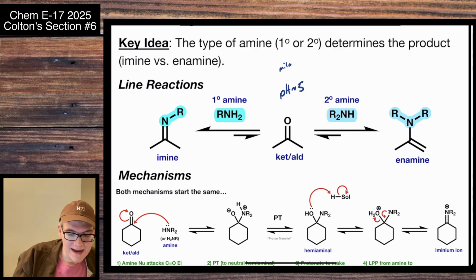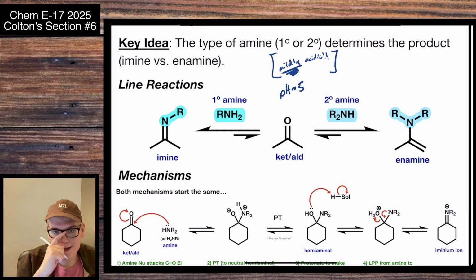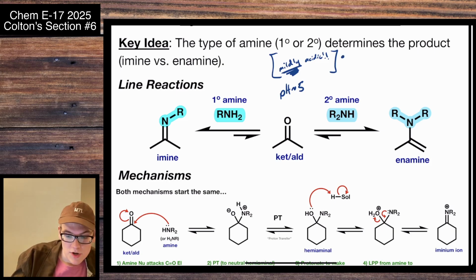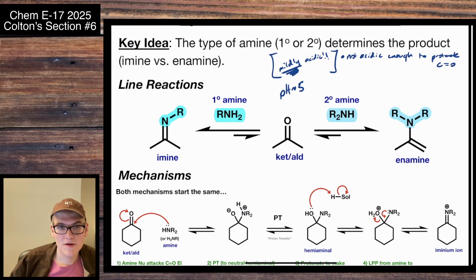This is mildly acidic, but very mild. Serenia went into some detail in the lecture notes of why we need these mild conditions. But the important thing you should know is that it is not acidic enough to protonate a carbonyl. So the first step of these reactions will not be protonating a carbonyl, because it's not acidic enough to do that.